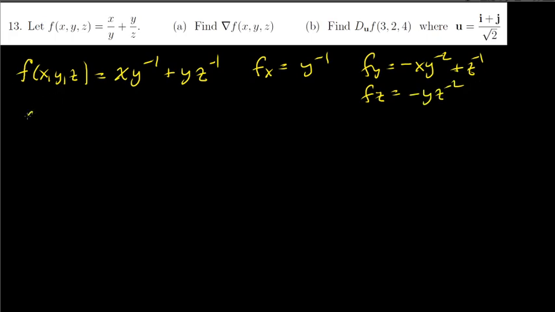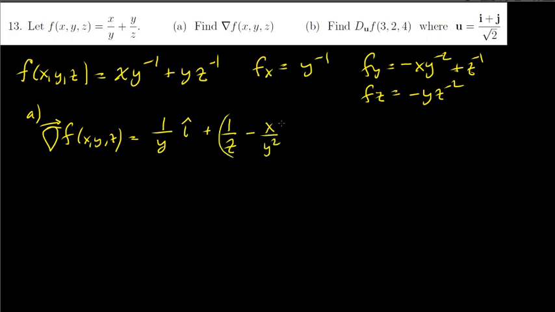Okay, so for part A, the gradient as a vector, because the gradient is a vector, you just form the vector with these 3 components. So let's see, how should I write this? How about 1 over y times i plus 1 over z minus x over y squared, all times j, and then minus y over z squared times k.